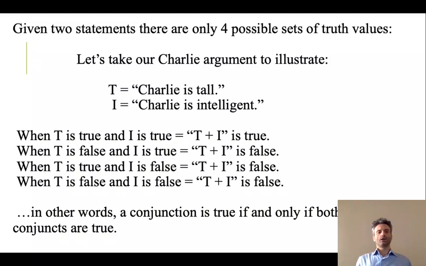Okay. Now, when Charlie is tall is true, and Charlie is intelligent is true, the compound statement is going to be true. When Charlie is tall is false, and Charlie is intelligent is true, the entire compound statement is false.